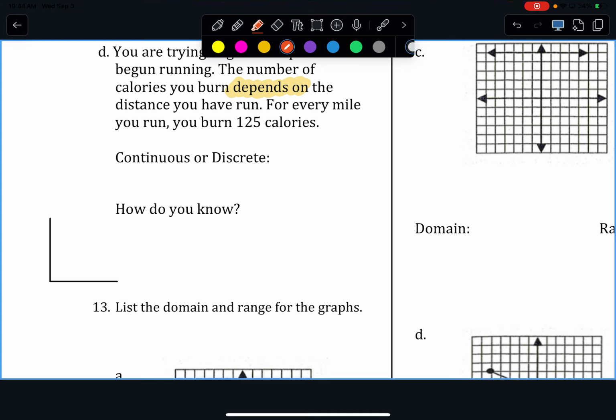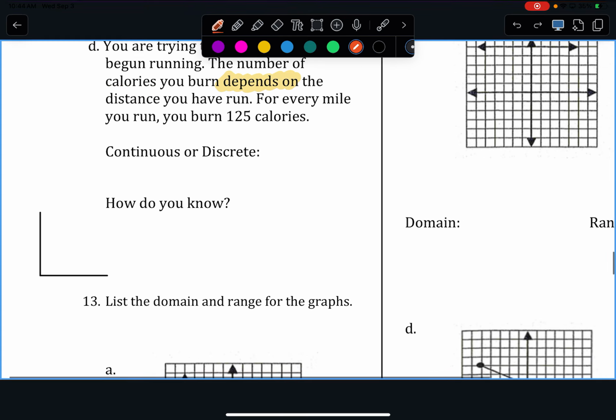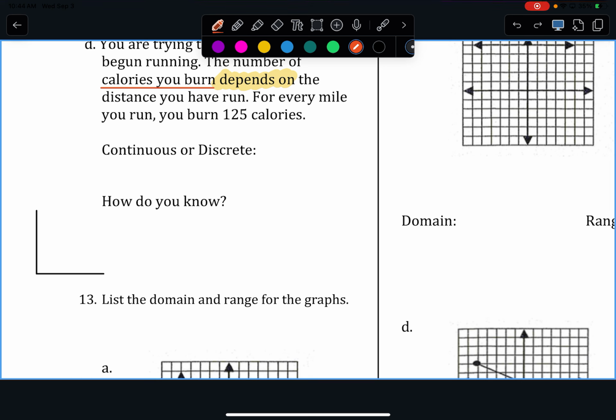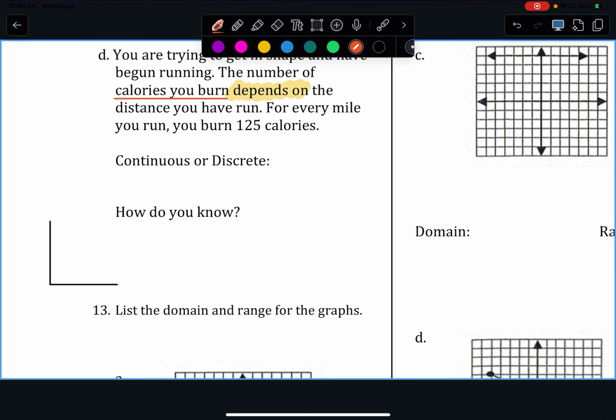Remember we talked about this so much in class. That means, remember, Y depends on X, right? So the calories you burn has to be the Y. The calories you burn depends on the distance you run. So distance is your X.